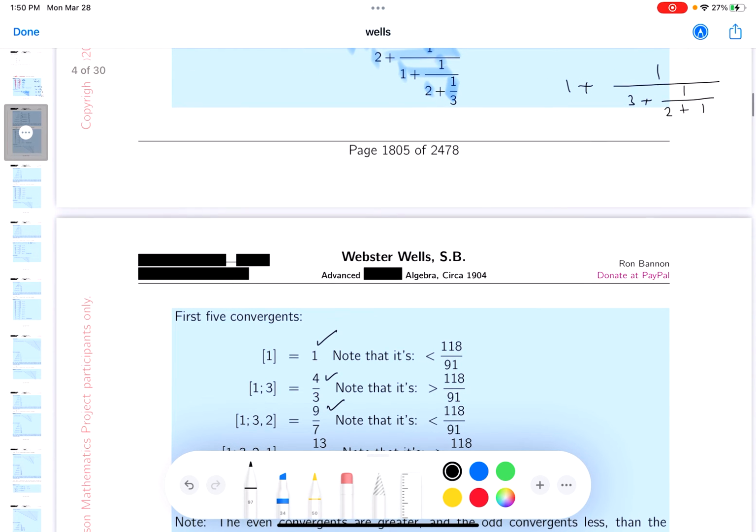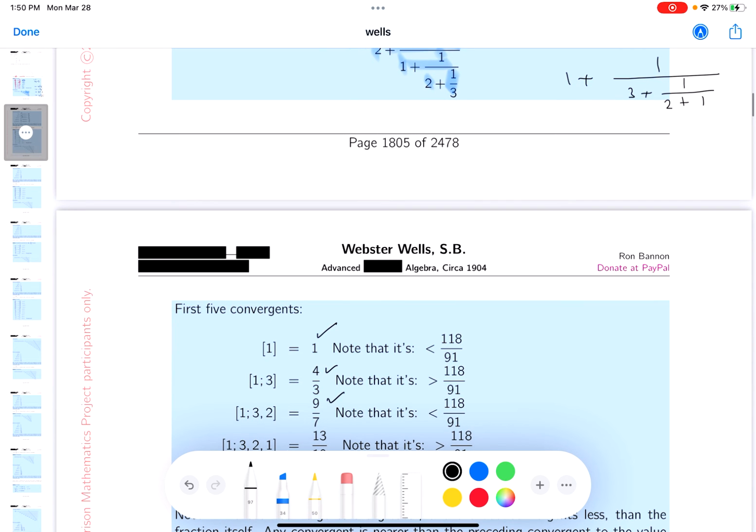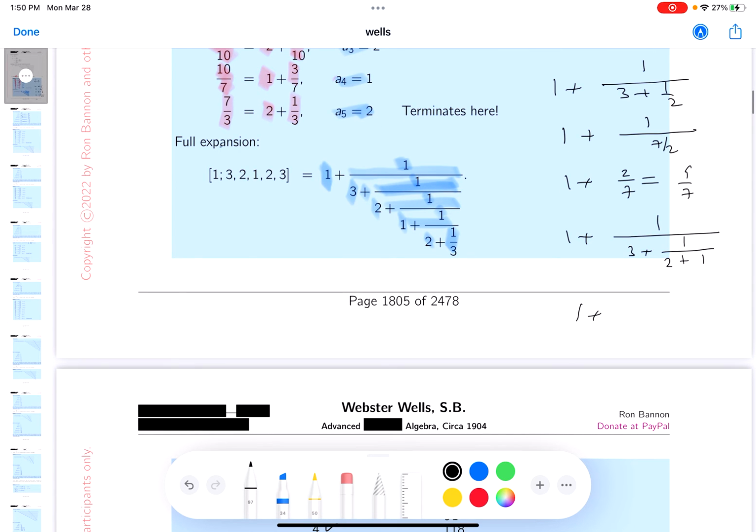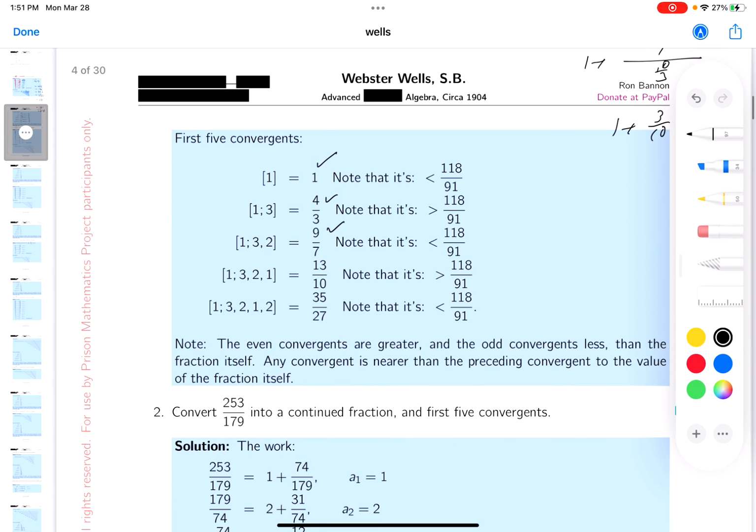And let's see, 3 plus 1/3. Did I do that right? Yeah, I think so. 1 plus 1 over 3 plus 1/3. 3 plus 1/3, that's 10/3. 1 plus 3/10, which is 13/10. Whoops. 13/10.